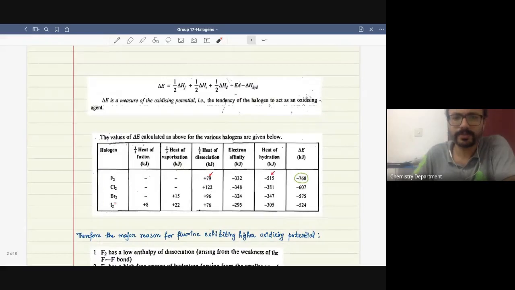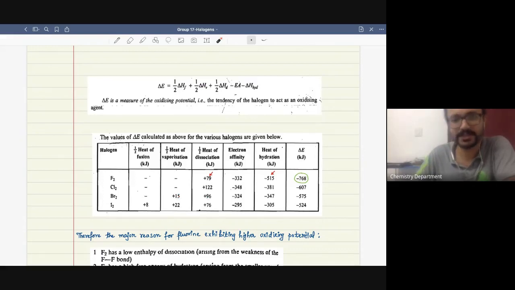So for iodine, we know we will have a delta H fusion, vaporization, dissociation, electron affinity, and delta H hydration. But in case of bromine, we do not have a delta H fusion, because bromine in its elemental state is a liquid. So we will have a delta H vaporization. So this value would be there for bromine.